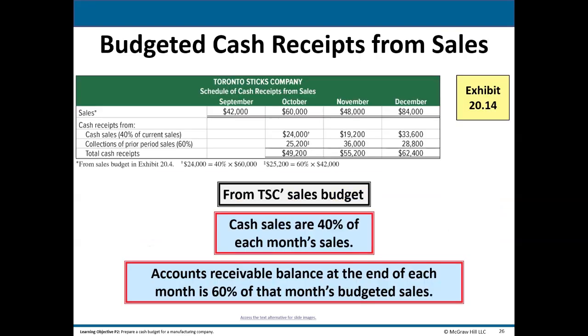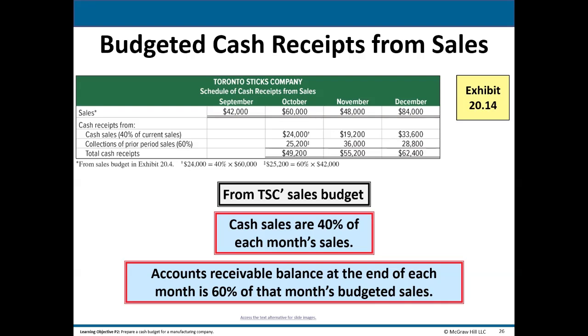Okay, now let's look at budgeted cash receipts from sales. So managers use the sales budget combined with the knowledge that they have about how frequently customers pay on their credit sales to budget for monthly cash receipts. So think about it, when you sell something to a customer, sometimes they're going to pay with cash directly right there, right? But sometimes they're not. Sometimes they're going to buy something on credit, and that's how you end up with accounts receivable.